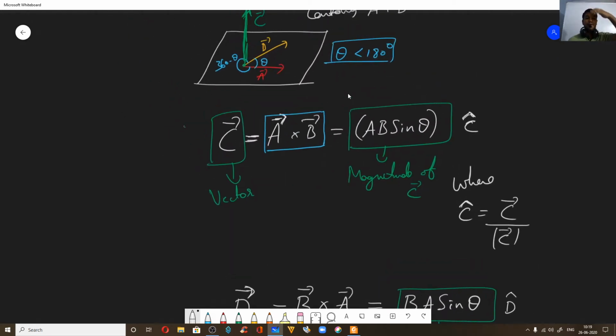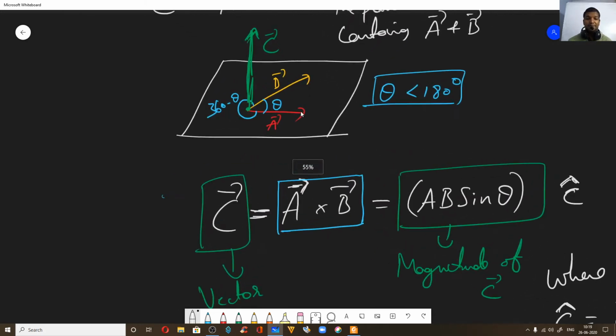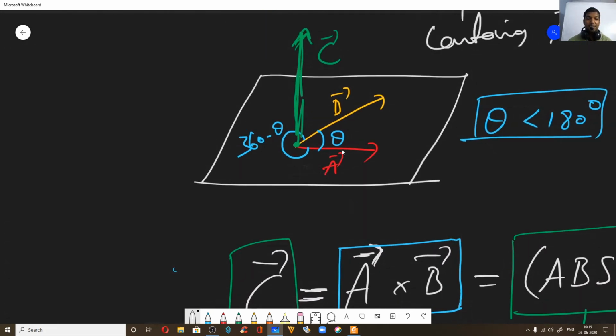Let us come back to the same diagram. Imagine a horizontal plane, something like this.